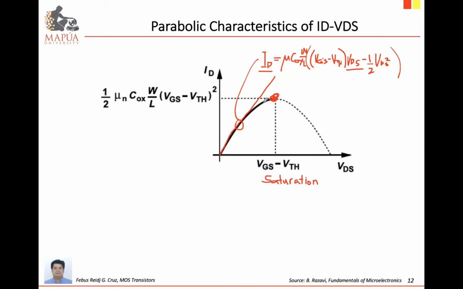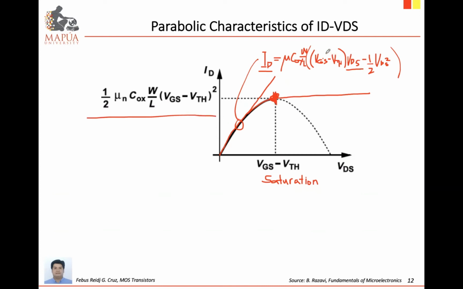It means that the drain current will no longer be increasing, but ideally it will now remain constant. So starting from this point, ideally, the drain current will remain constant as defined by this equation.